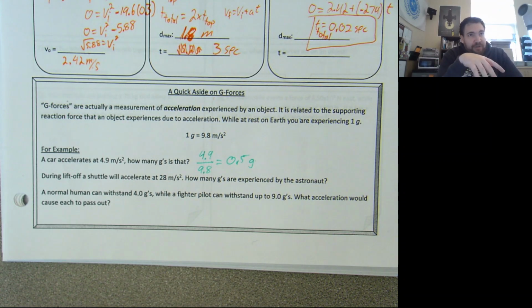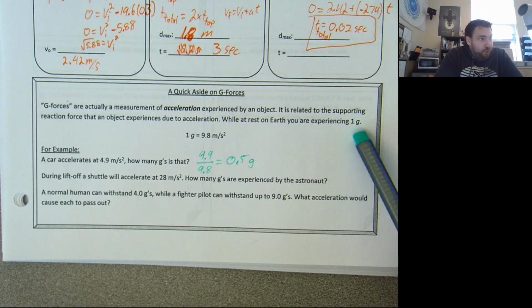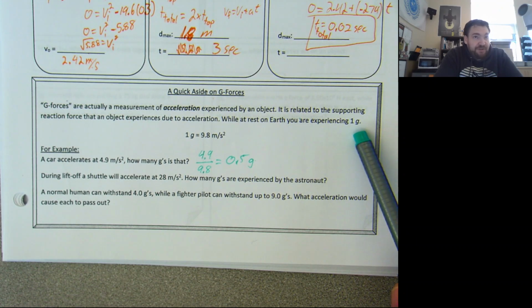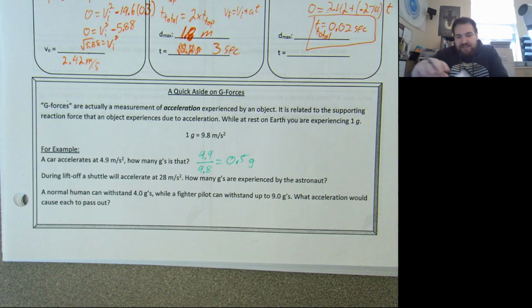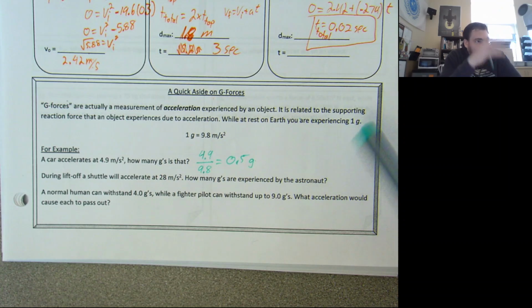If I push you off the building, or I throw you out of the plane, or however you want to experience falling, you jump off of a swing, you're still only experiencing 1g, but you're experiencing it now unsupported. So now experiencing it unsupported, that feeling of falling is 1g.